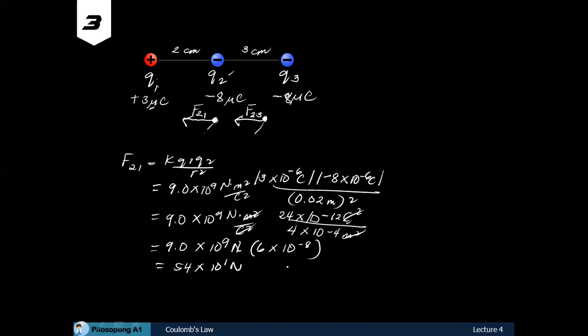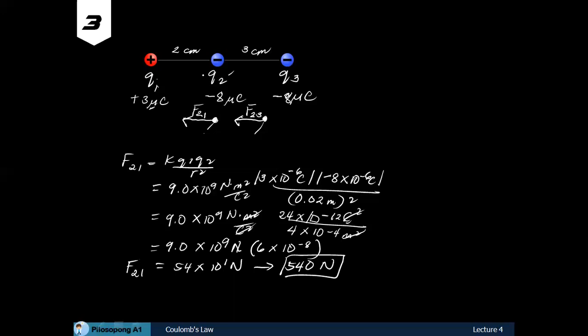Let's put it in standard notation. That will just be 540 newtons. This is the force exerted by charge 1 on charge 2, which is an attractive force, and that is a force going to the left.